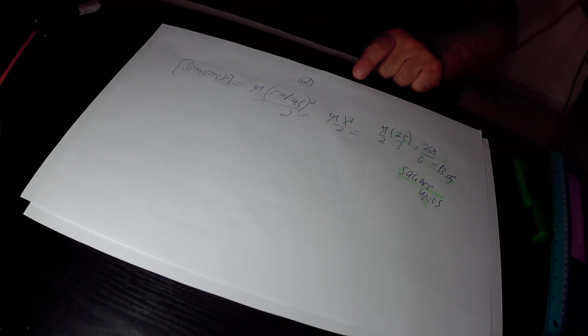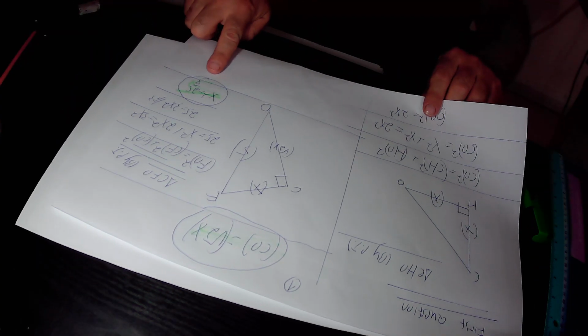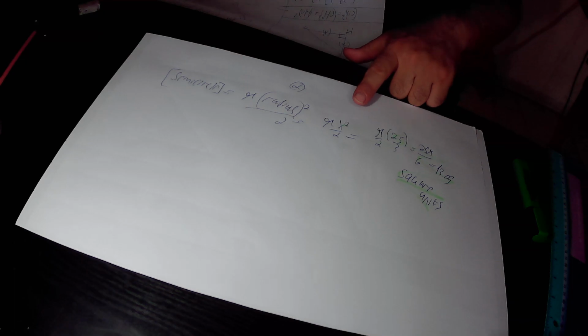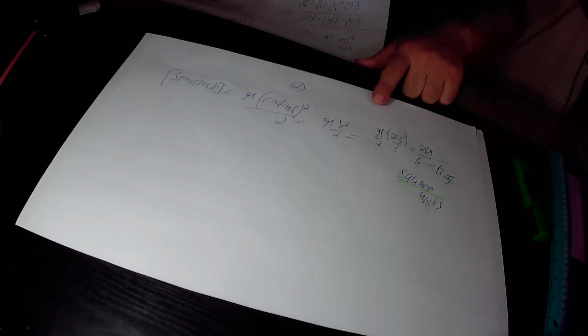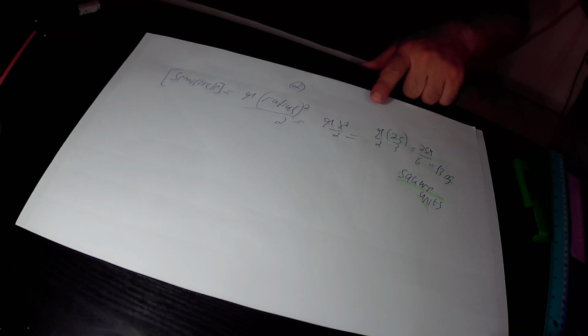That is the area of the semicircle. But we just found that x squared equals 25 over 3. So we can substitute x squared in this equation by 25 over 3. We found that the area of the semicircle equals pi over 2 times 25 over 3.